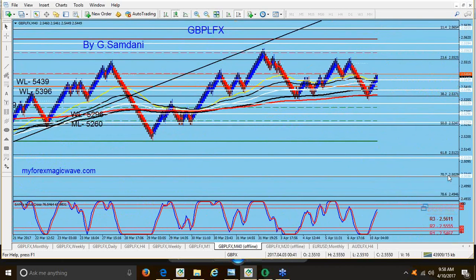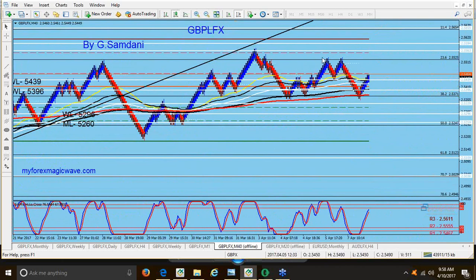Okay, so it could go up one more time into this area, and then make the turn. That's what we need for euro pound to go up, right? After making the ending butterfly. So pound, I'm expecting that it may get strong a little bit up here. So it is bullish so far, right?